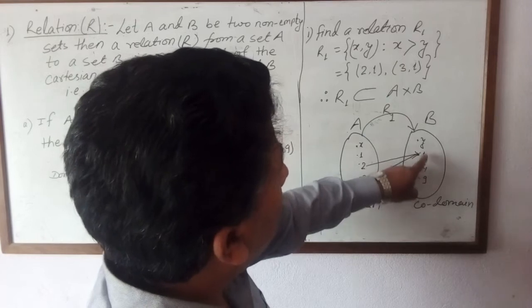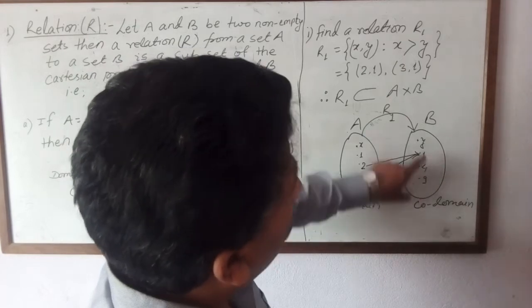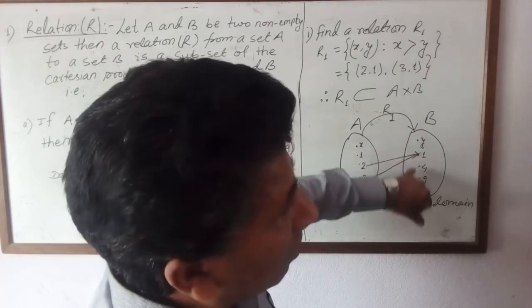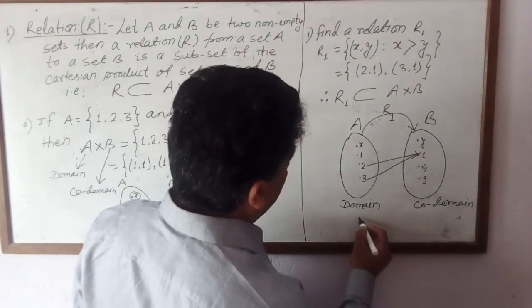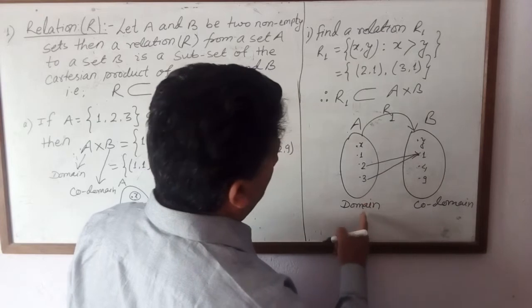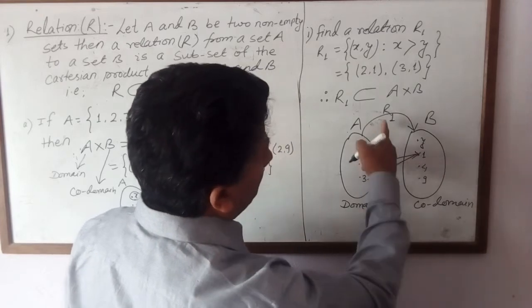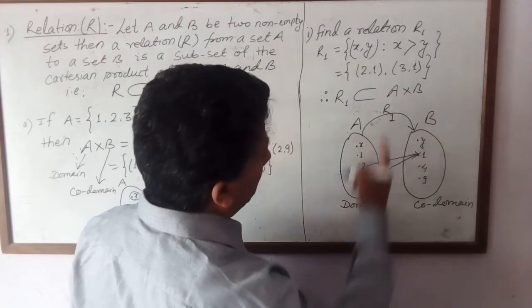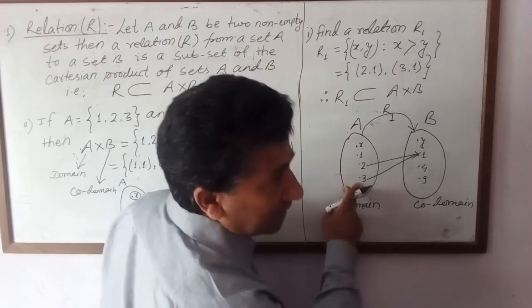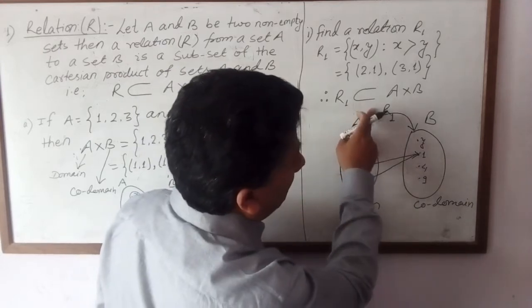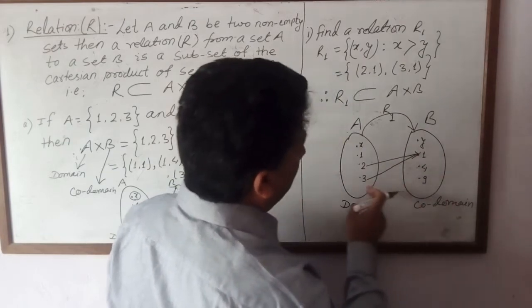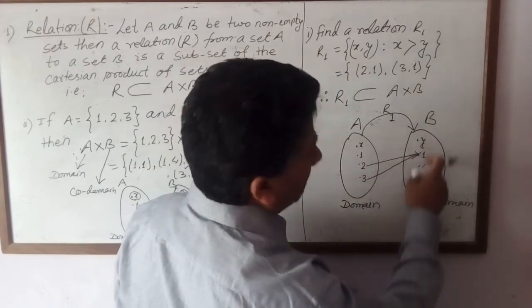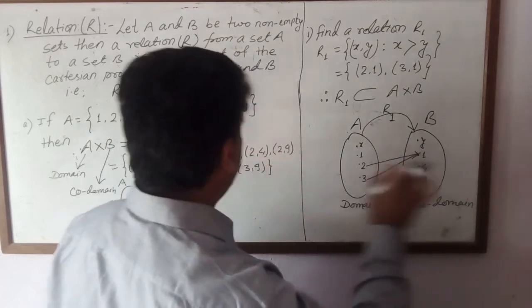That's why this image set is not equal to the codomain. Here I have written the domain. This one is the relation. Now for this relation, we can say this is the domain of the relation, this total is the codomain of the relation, and this one is the image of the relation. We can say it like that also.